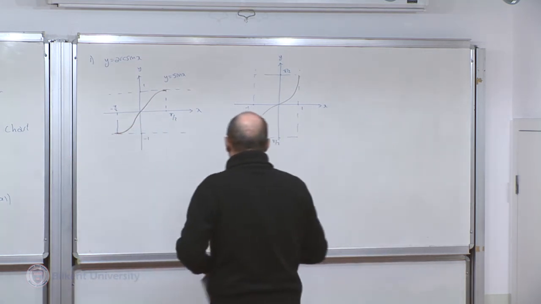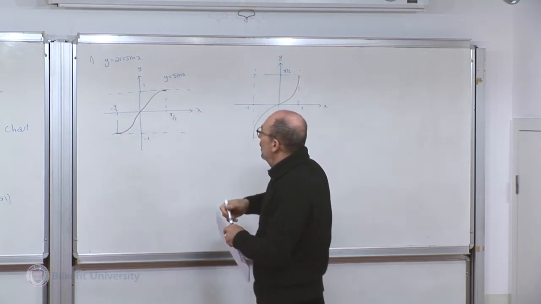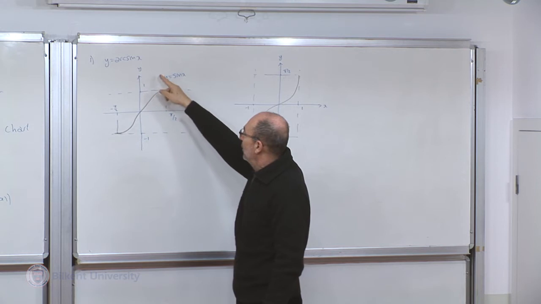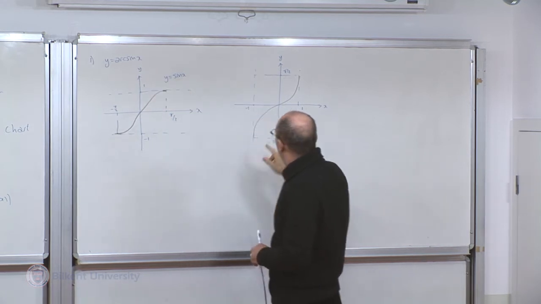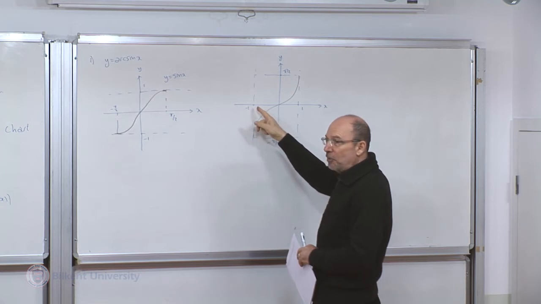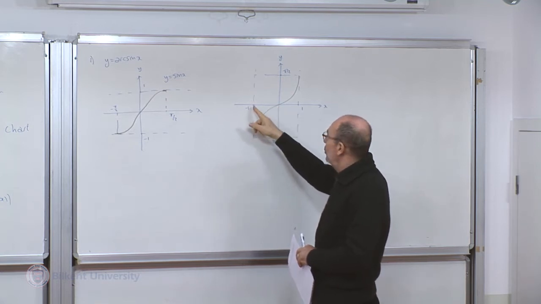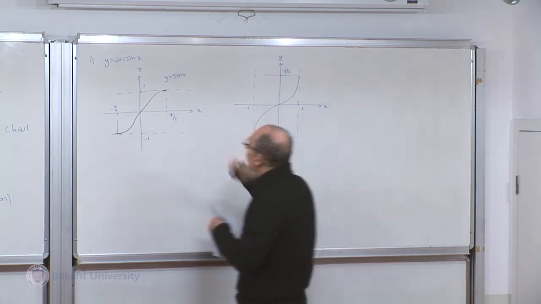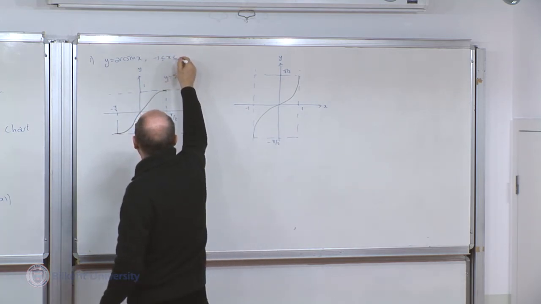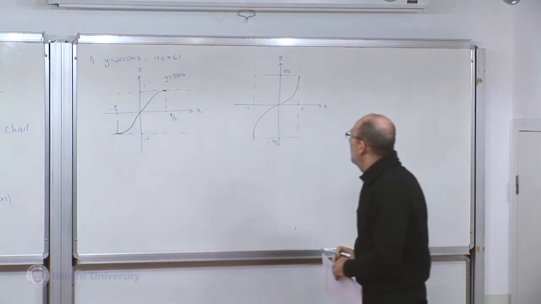So now we know from here or here that since the range of sine is from minus 1 to 1, arc sine, we also see from here, takes as its domain minus 1 to plus 1. So this will make sense for x between plus and minus 1.